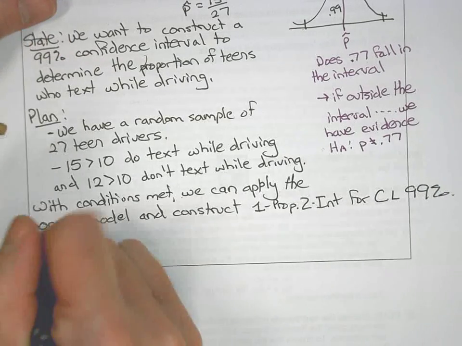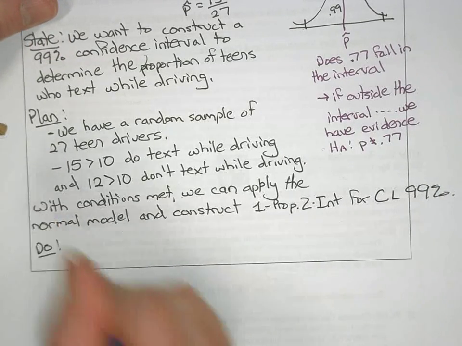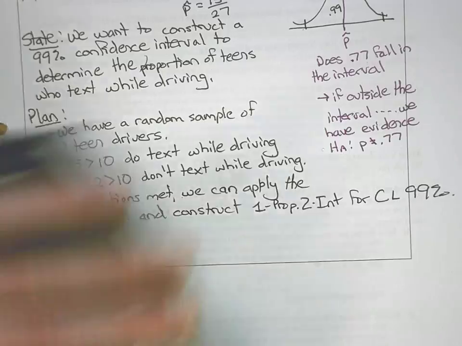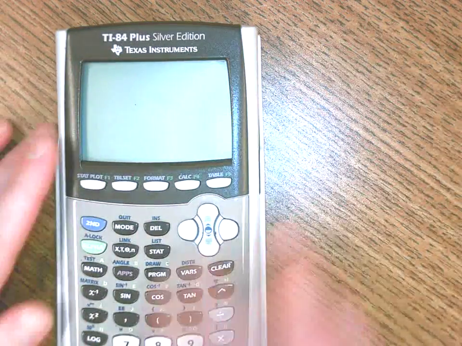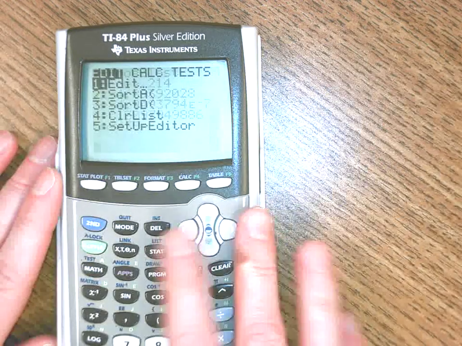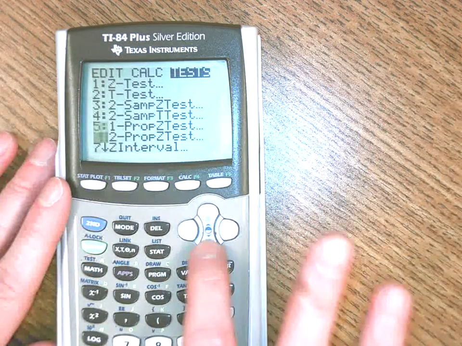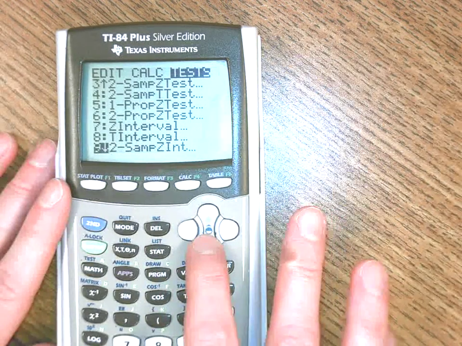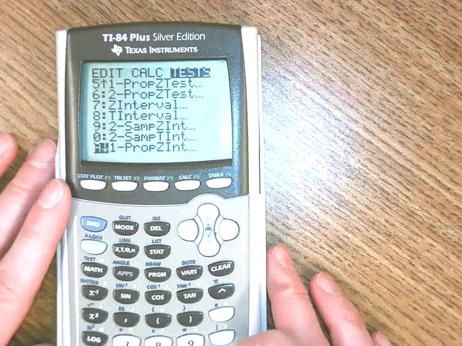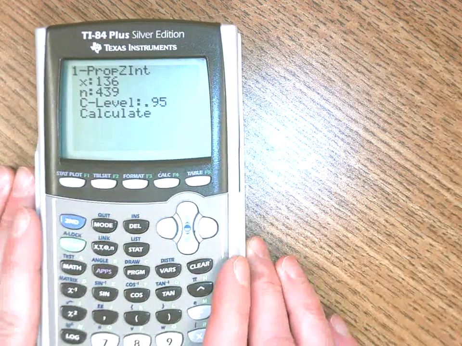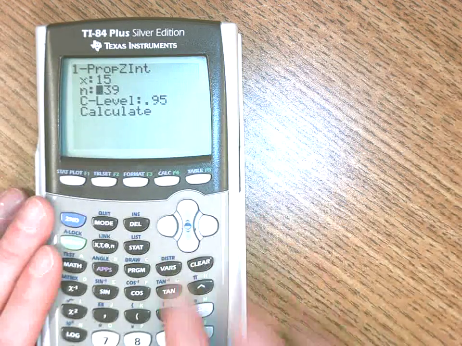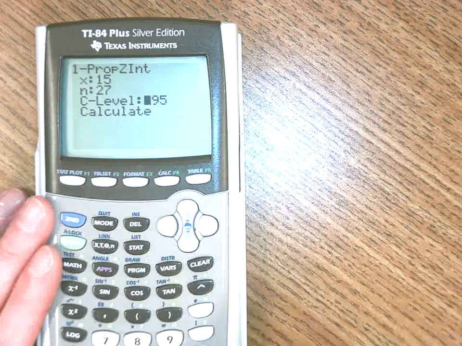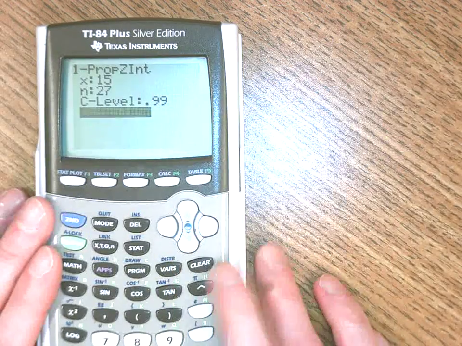Then the do part. Go into your calculator, you put the information in, turn it on, stat, one prop Z int. It's letter A. And we're putting 15 out of 27. Confidence level is 99, calculate.